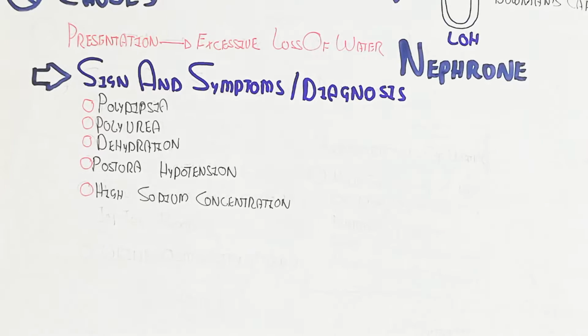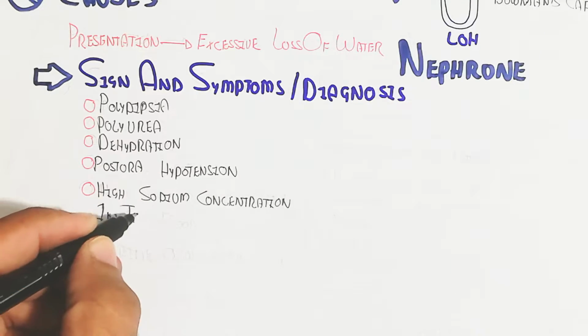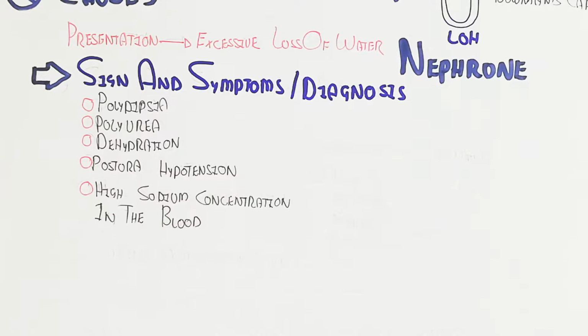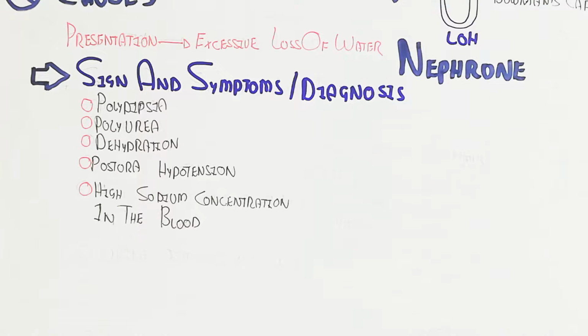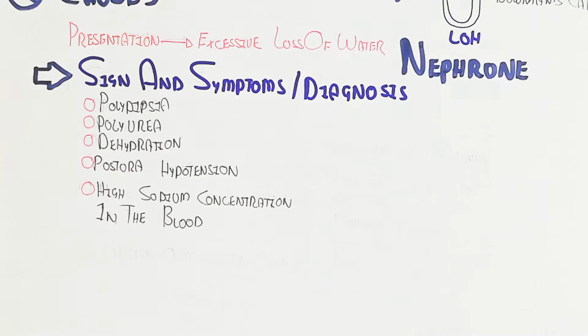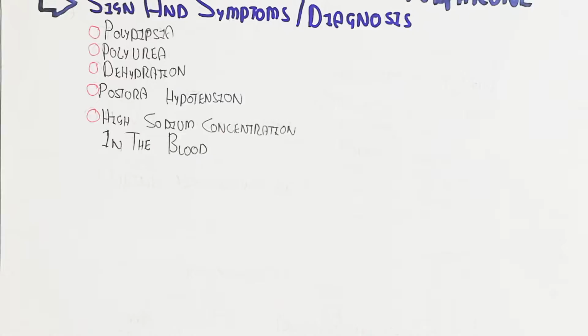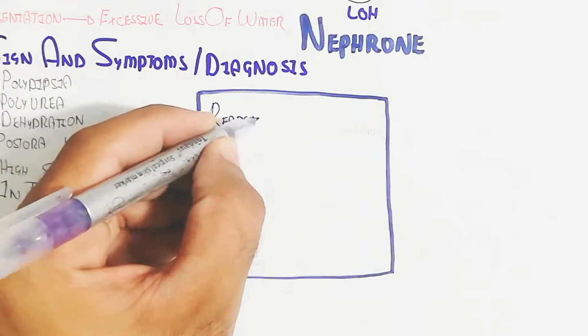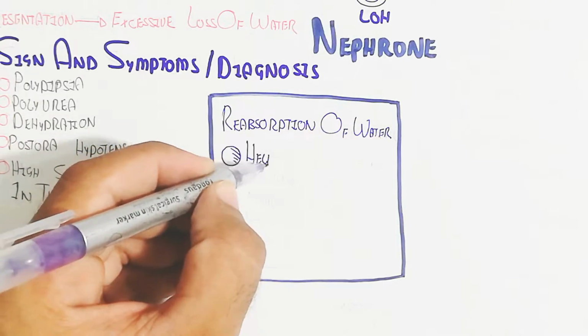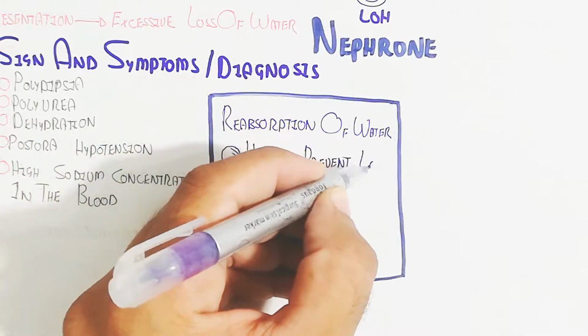Dehydration means a decrease of water in the blood circulatory system. Postural hypotension and high sodium concentration in the blood. Why high concentration of sodium in the blood? Because when water is lost, the decrease of water leads to an increase of sodium. Per 100 ml of water there is more sodium.